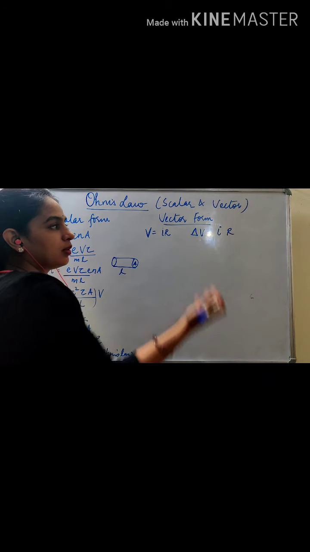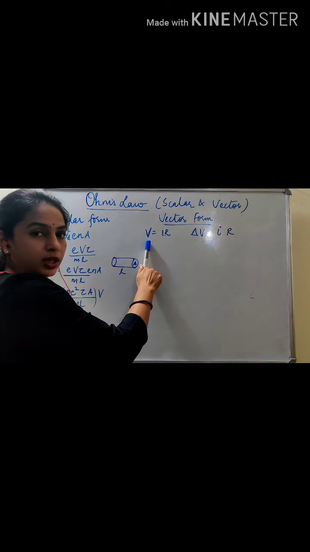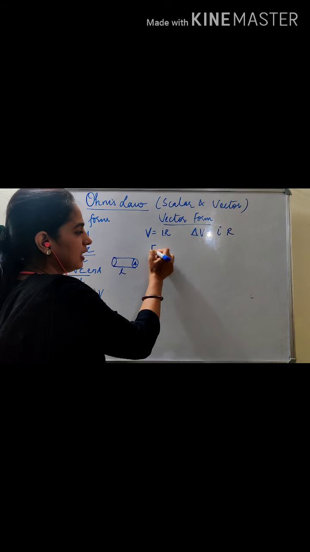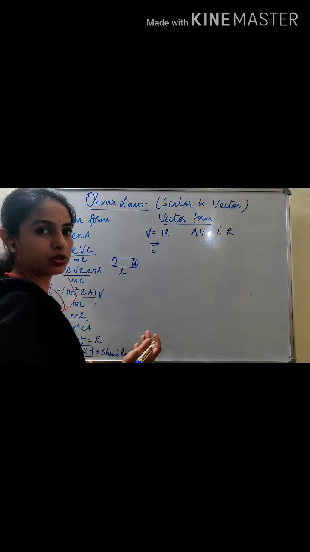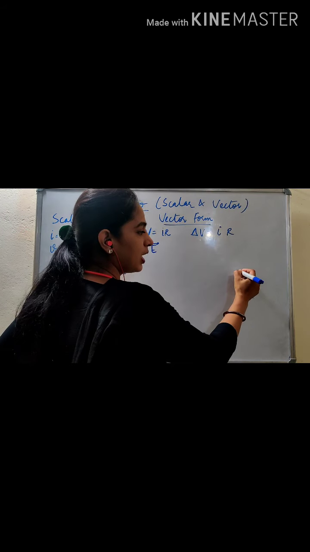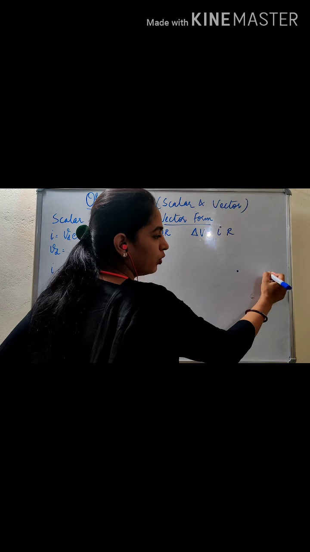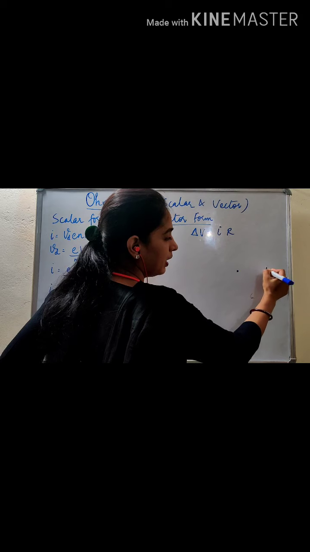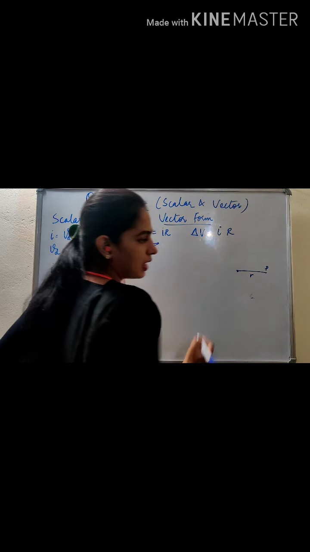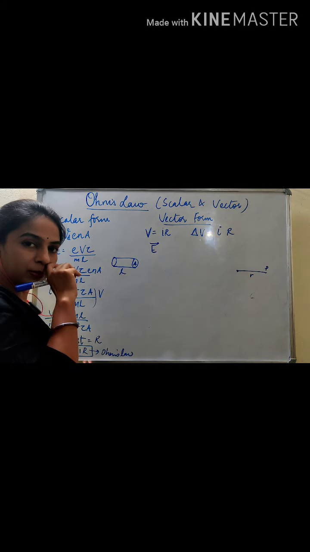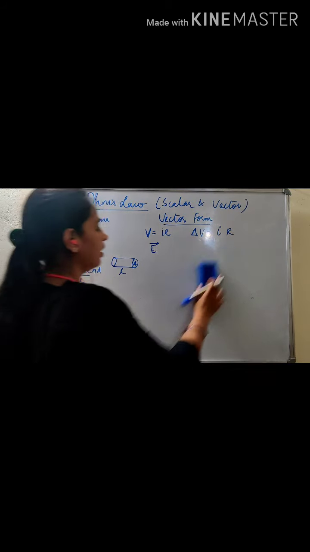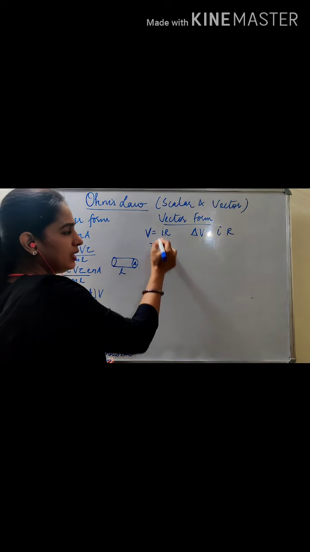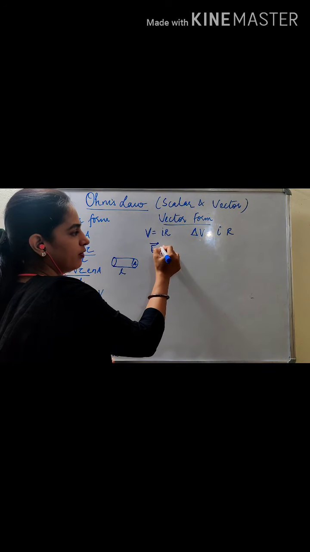So what is the vector correspondent of electric potential? That is electric field, right? We've discussed electric field in electrostatics. If you have a charge over here, then at this point P, which is at a distance r, its electric field E will be equal to what we discussed. So E is the vector form of potential difference.